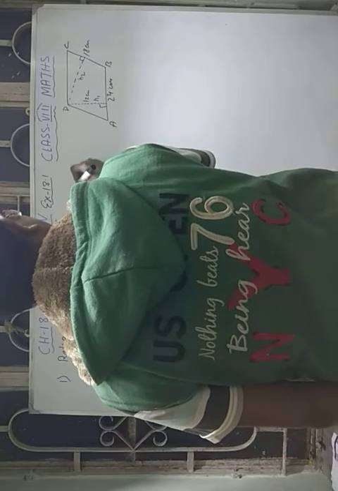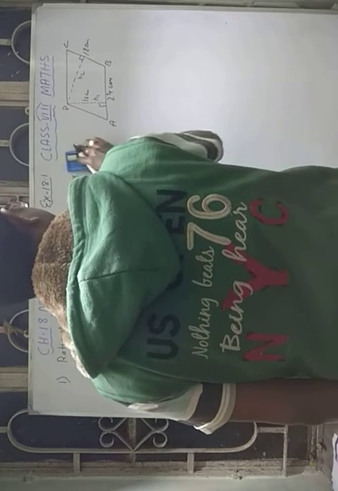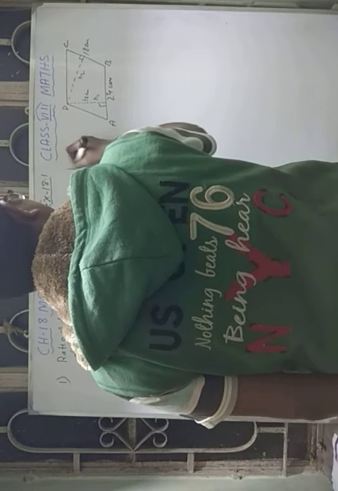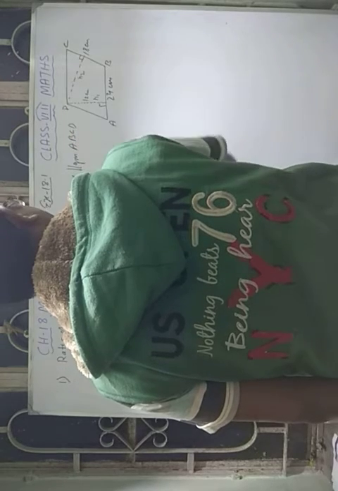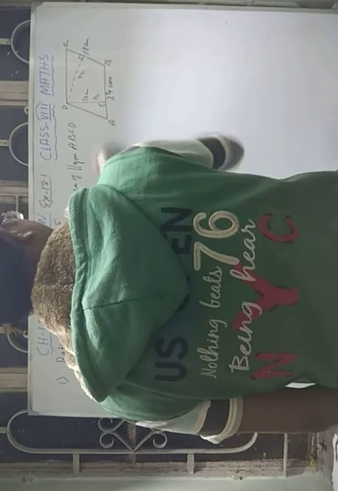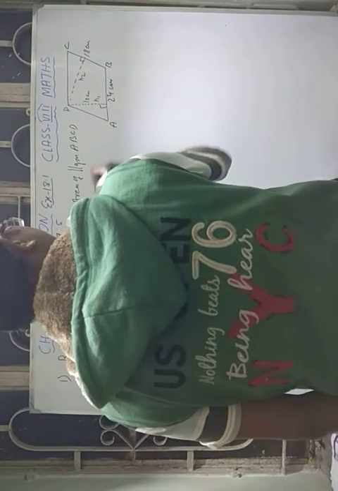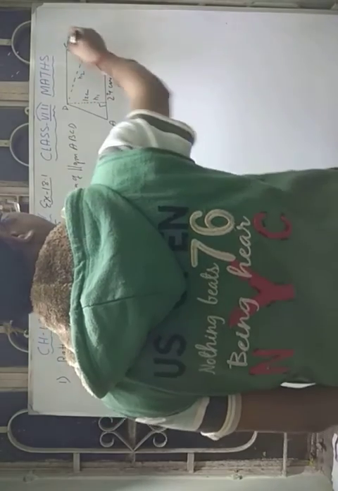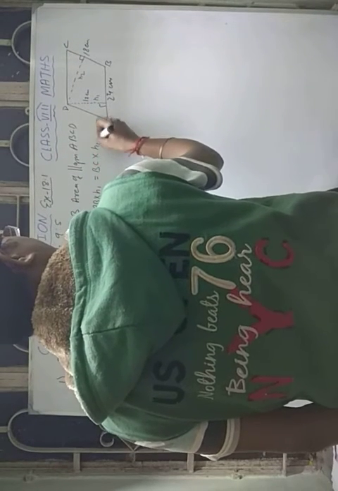So here you can write area of parallelogram ABCD is equal to, you can take both. First base is AB and height H1, that is equal to base BC and height H2.